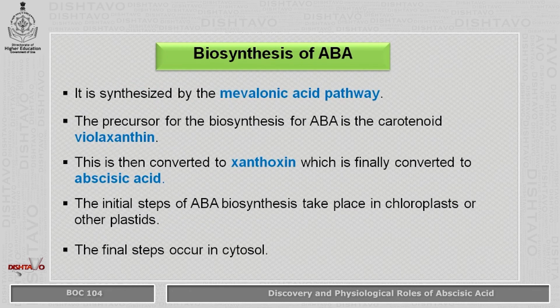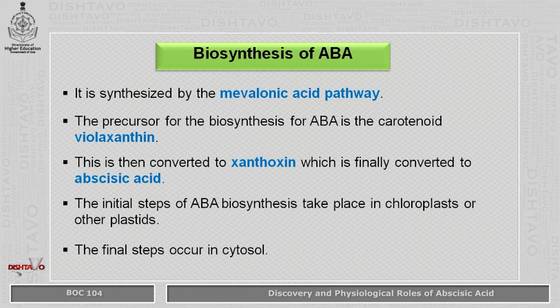We will now briefly learn about the biosynthesis of abscisic acid. Abscisic acid is synthesized by the mevalonic acid pathway. The precursor for the biosynthesis of abscisic acid is the carotenoid violaxanthin.